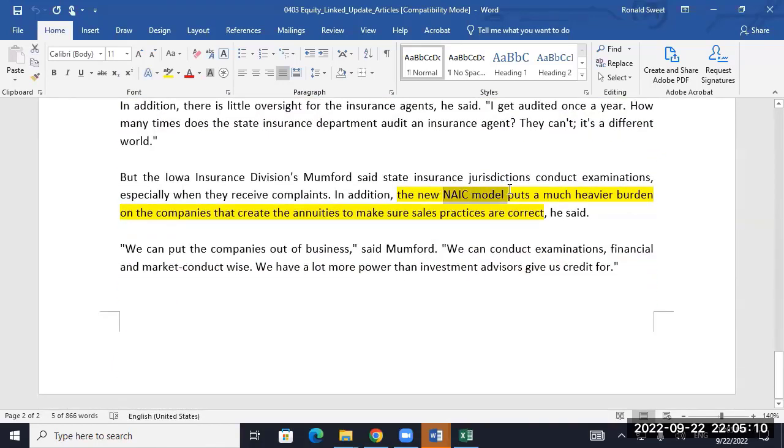So the NAIC has come in and put further burden on the company to make sure, not to make the products better, but just to make the sales rep more honest. But remember the sales reps. How many regulators are sitting there with the sales rep when they're sitting in the living room selling these products?